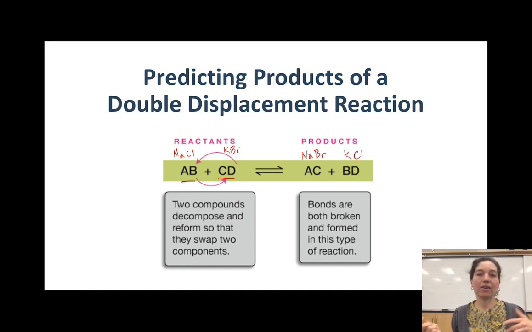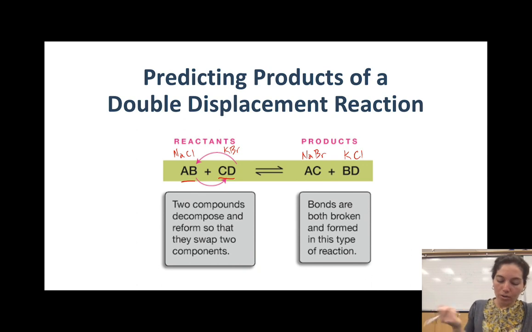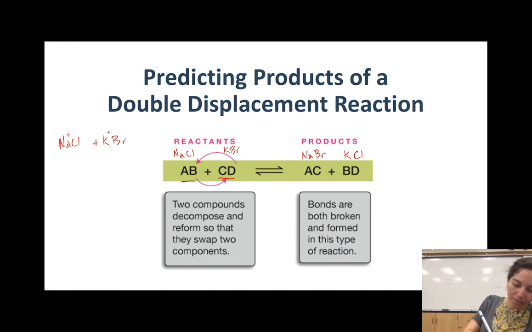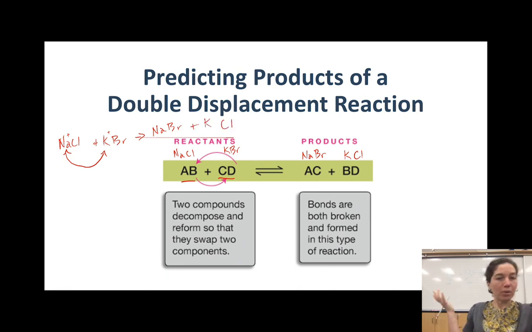What I like to think of is that your cations trade places or your anions trade places. So if you write out this NaCl plus KBr, these are both cations here, your Na and your K, and they can trade places with each other, and then you find your new products, which is NaBr plus KCl. You could also view it the other way.